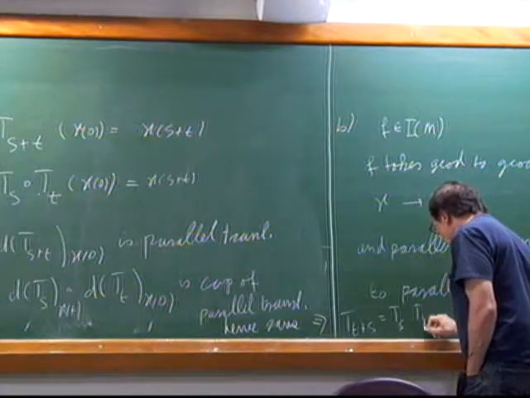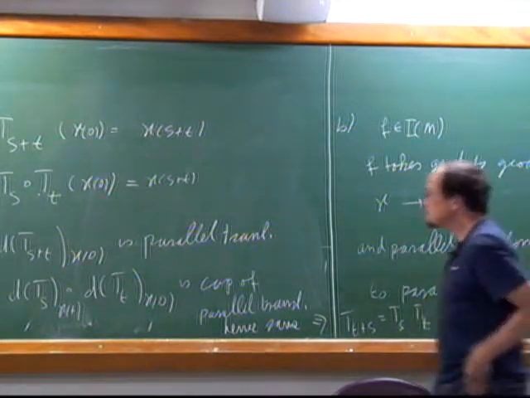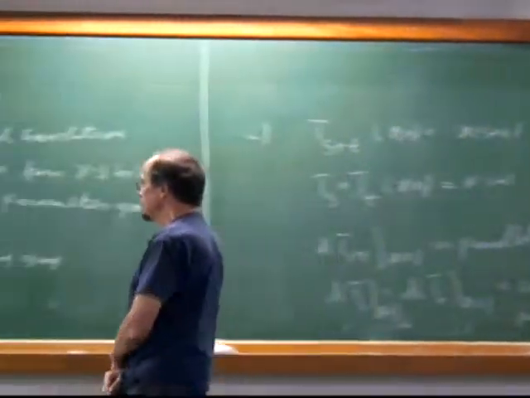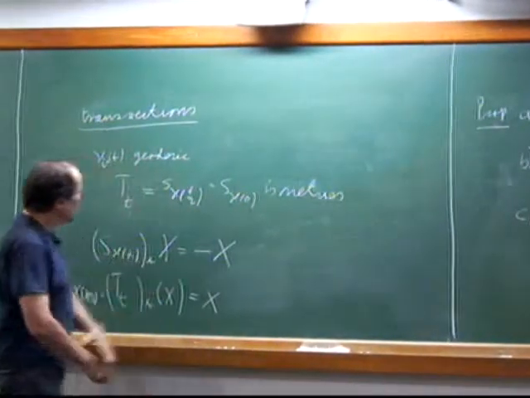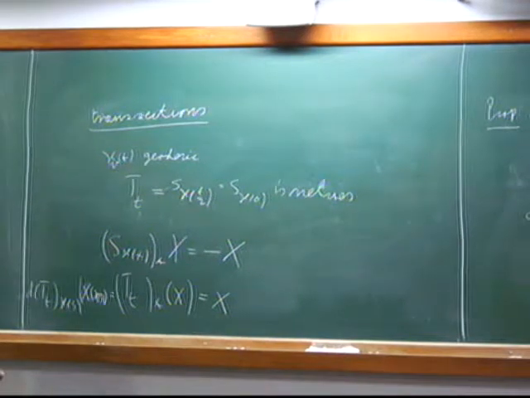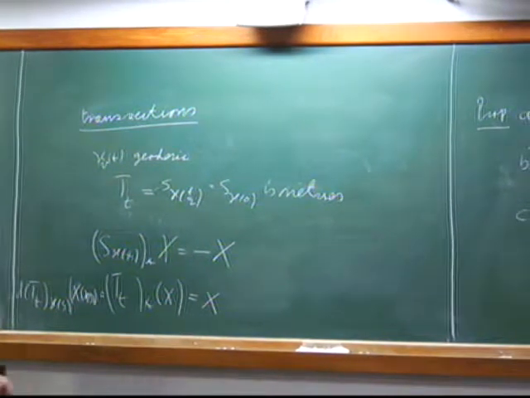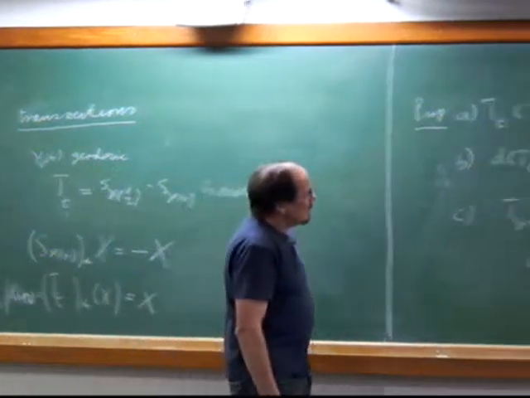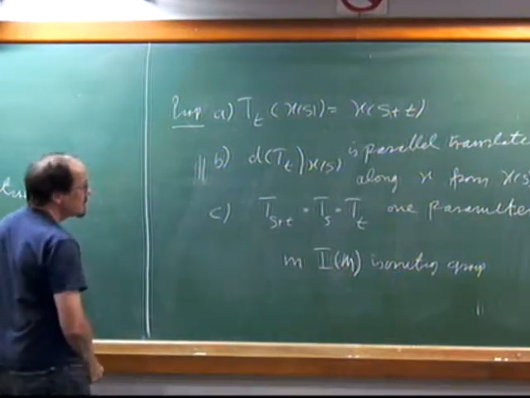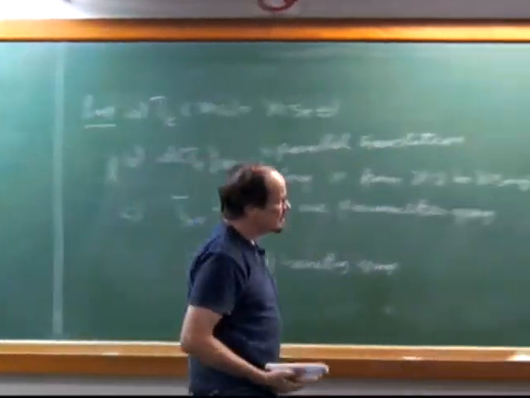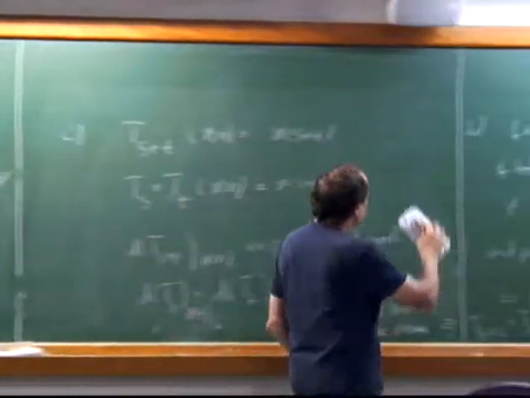They agree at the point and the derivative agrees at that point. So they're one-parameter groups. Symmetries themselves are not, but a clever composition of symmetries is a one-parameter group. And especially part B here has powerful consequences for these derivatives of parallel translation.